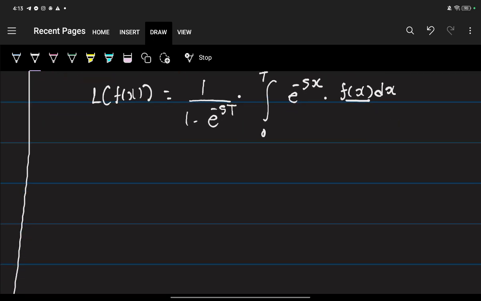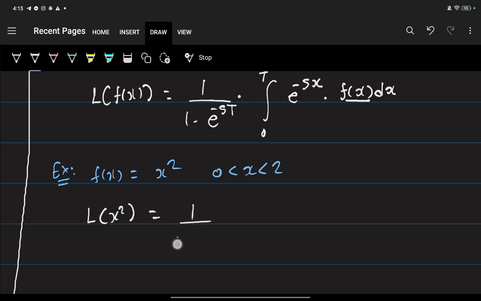For example, let's say our function is x square and it has a period 0 to 2. In that case the Laplace transformation of this x square will be 1 by 1 minus e raised to minus 2s, times the integration from 0 to T of e raised to minus sx multiplied by x square dx. So you just have to integrate this.